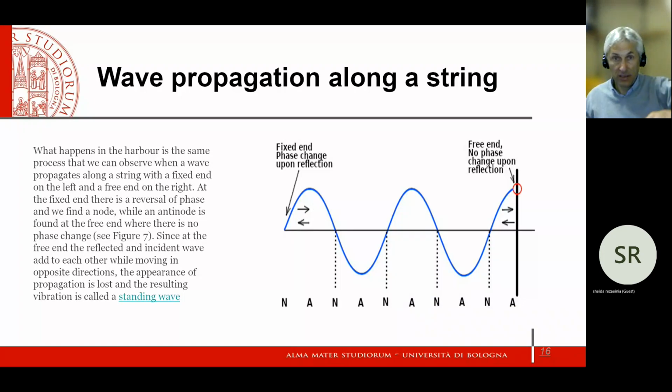Okay, so you may take the string with your arm, with your hand, and then move up and down. Okay, with the other end that is fixed, and this is the resulting movement which may originate. And here also you see that they mark the position of nodes and antinodes.